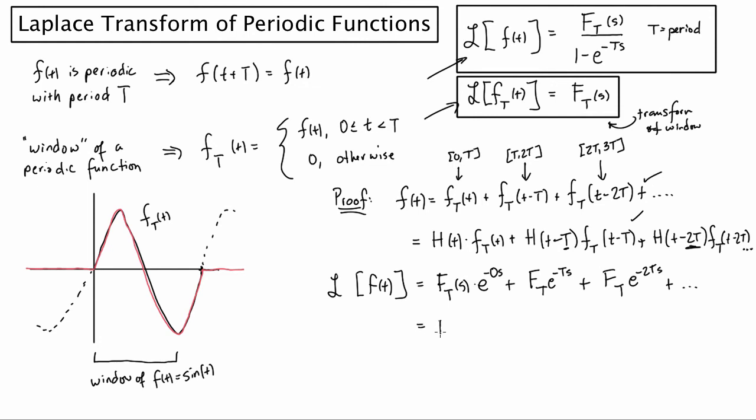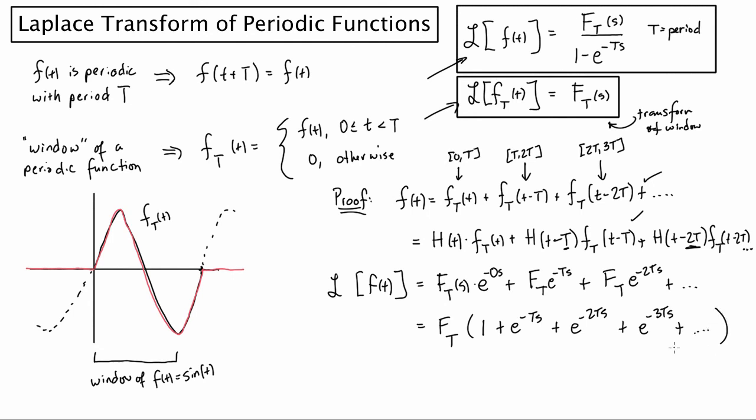And if you factor out the window transform, e to the minus 0s is 1, plus e to the minus Ts, e to the minus 2Ts. You can see that the next one would be e to the minus 3Ts, and so on.